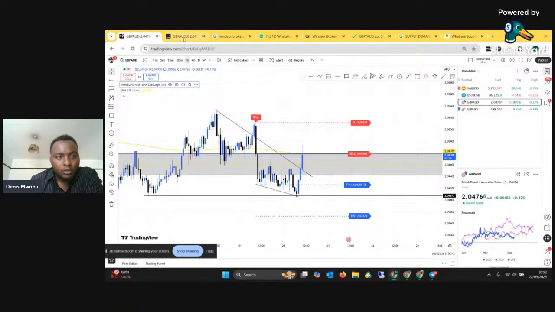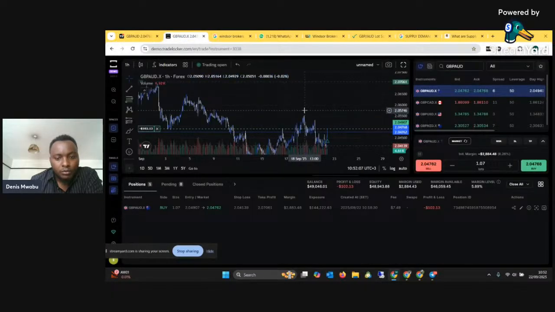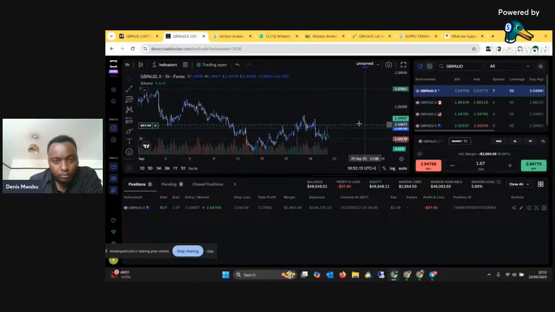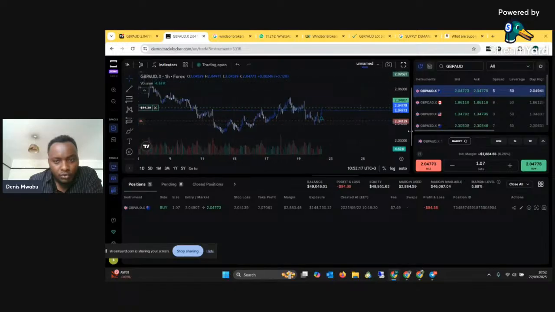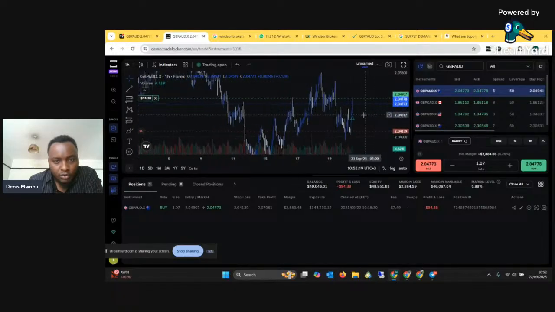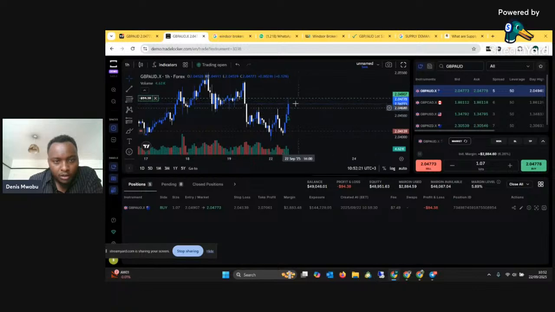No pressure at all. So I was able to participate in this trade. I've already gotten into it, guys. So sometimes I'm using trade blocker. Trade blocker sometimes usually has some crazy spreads. So you can be able to see where you just got into.